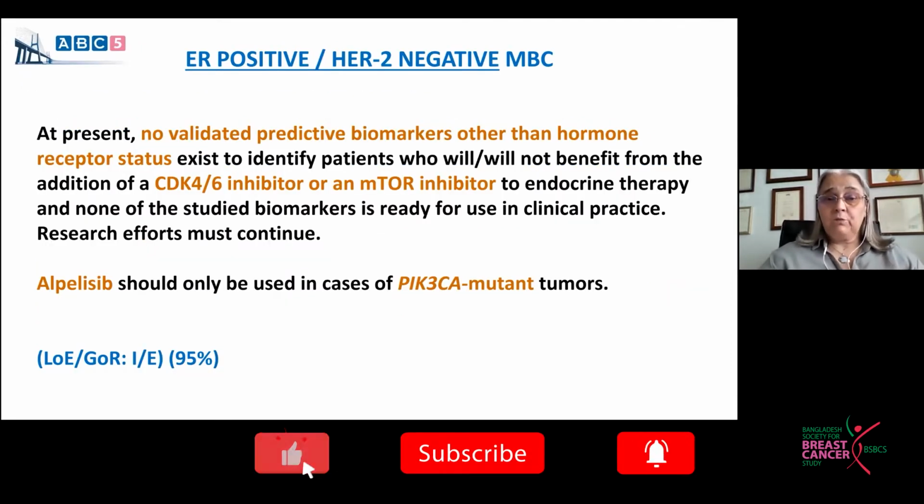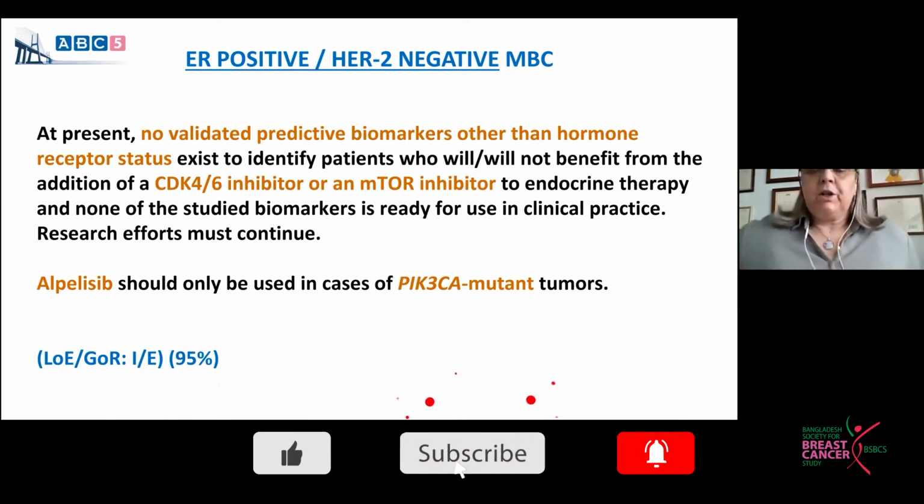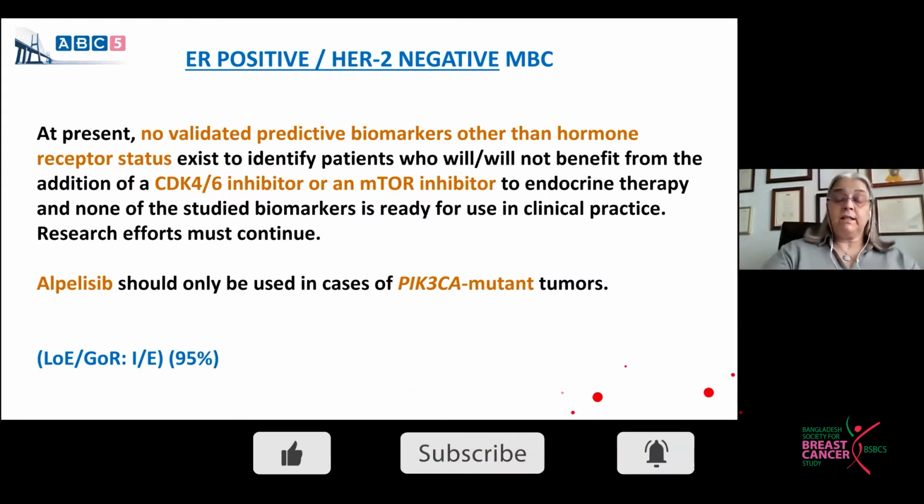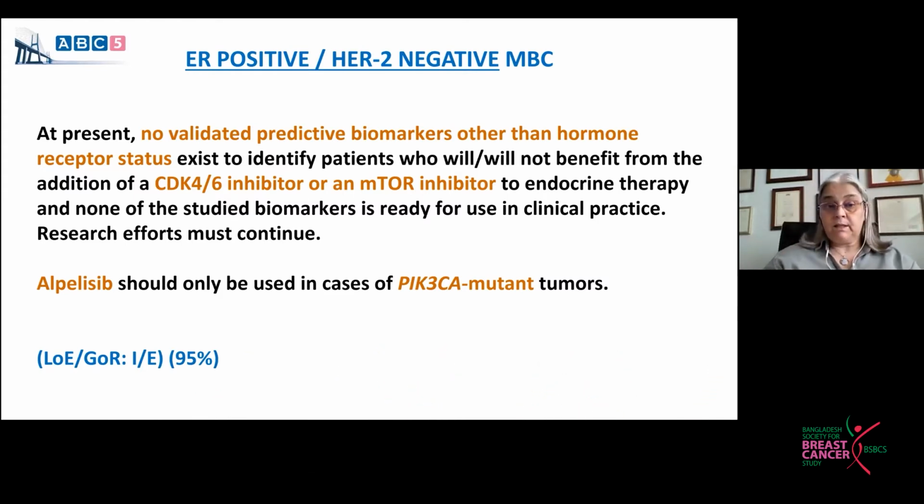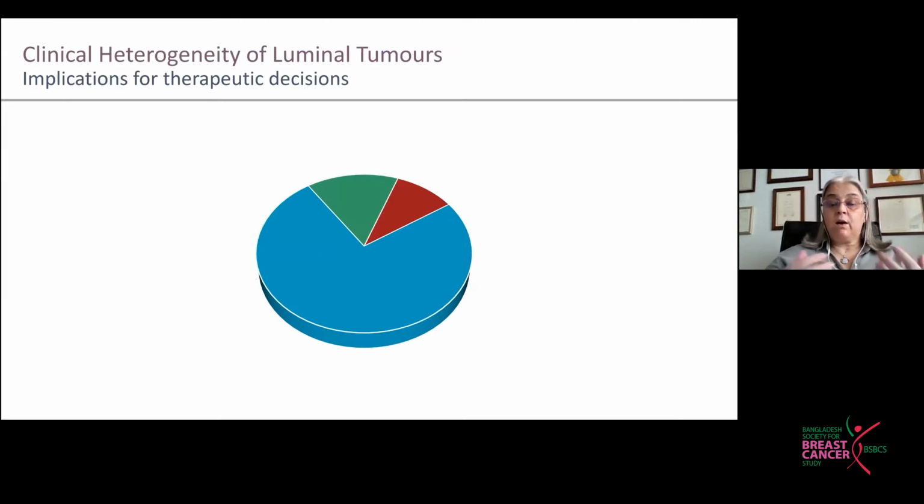We do not have biomarkers for the different endocrine therapies or the targeted agents that we sometimes combine, such as the CDK4/6 or mTOR inhibitors. We only have a biomarker for the PIK3CA inhibitor alpelisib. So how can we decide?